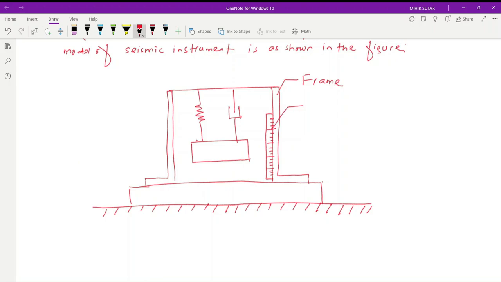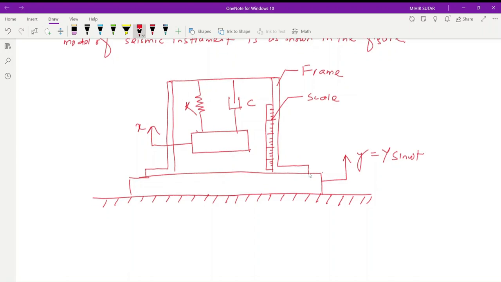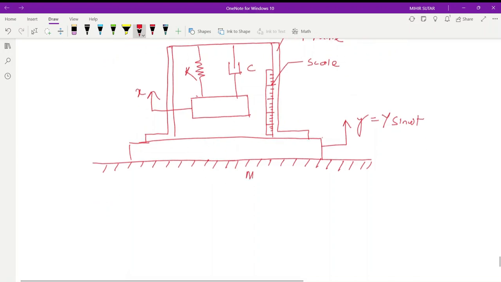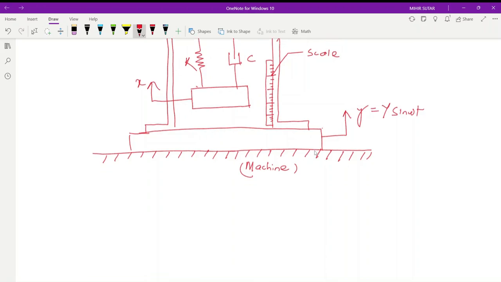So this is our scale, and the spring has a stiffness K, the damping coefficient is C, the mass has a displacement, let's say X, the base has a displacement of Y sine omega t, Y as capital, and this is our machine.